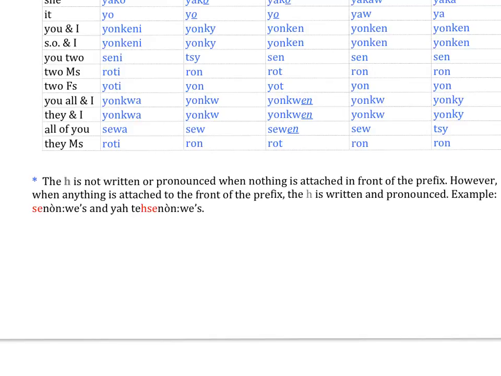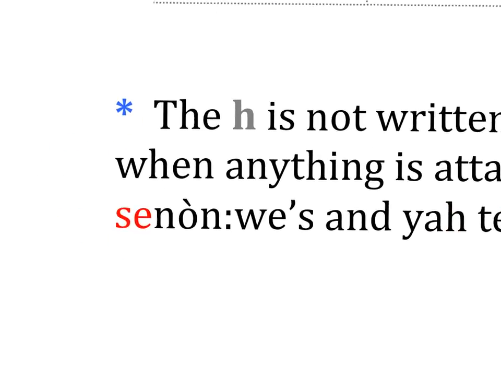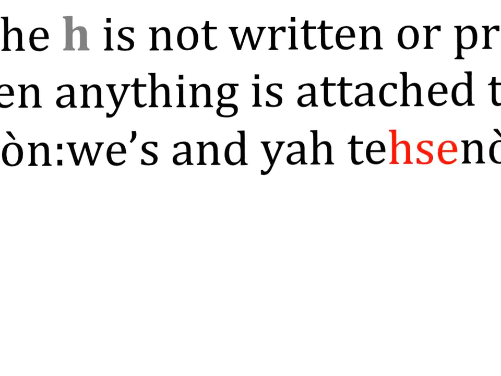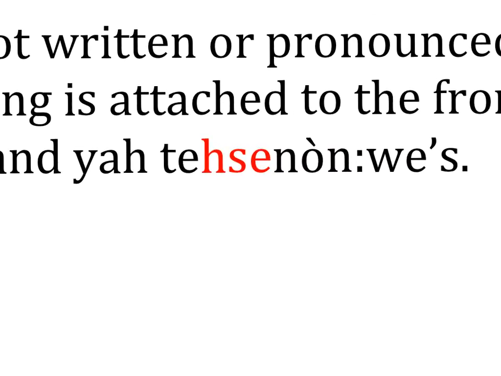Notice that the H is not written or pronounced when nothing is attached in front of the prefix, but when we do modify the prefix by negating it or changing the tense, we do write and we do pronounce that letter H. So senuis, without the H, we don't see it or hear it, but when we change it to the negated form, yah desenuis, you can see that H comes into play, and we pronounce it and write it, yah desenuis.